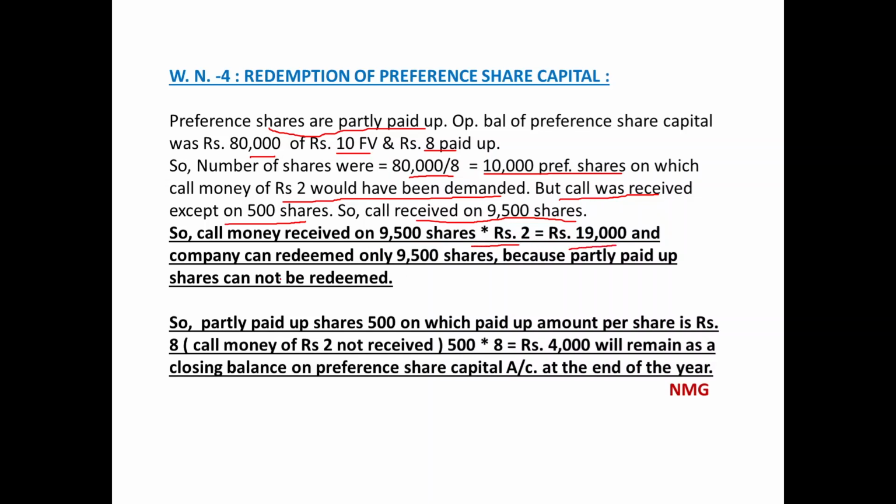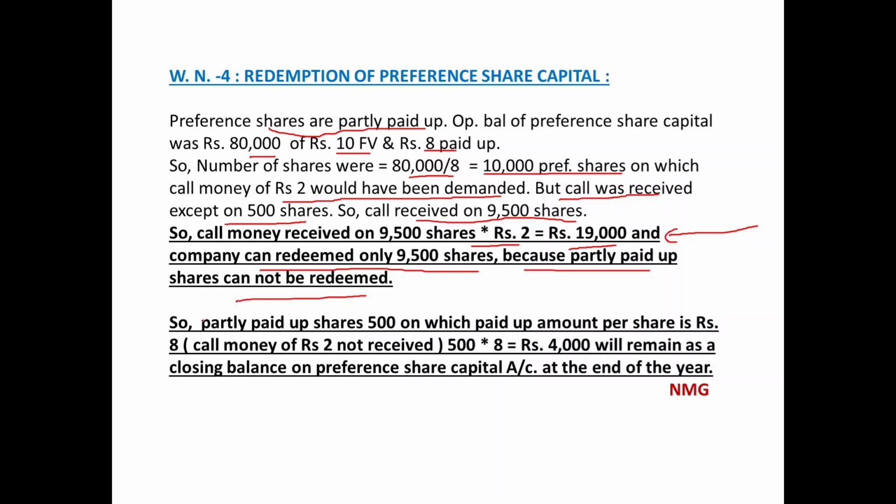And the company can redeem only 9,500 shares because partly paid up shares cannot be redeemed as per Companies Act provision. Only fully paid up shares can be redeemed. Over here, after receiving a call of rupees 2 on these 9,500 shares, 9,500 shares have become fully paid up. So only 9,500 shares can be and would be redeemed by the company.